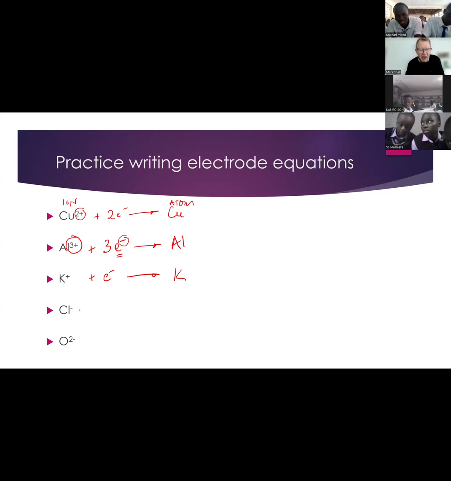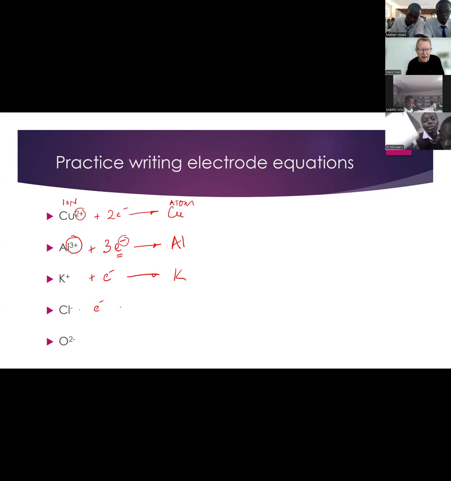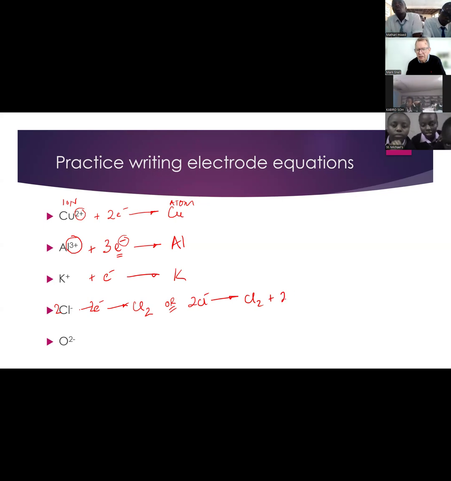So for the Cl minus, I write minus an electron goes to Cl, and then I think, okay, I need Cl2 because it always exists as Cl2. So then I would need 2 Cl minus and minus 2 electrons. Or I can write 2 Cl minus turns into Cl2 and 2 electrons.